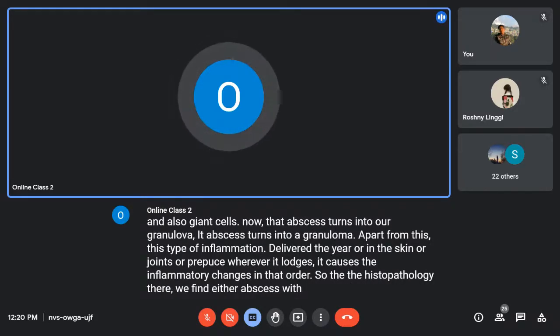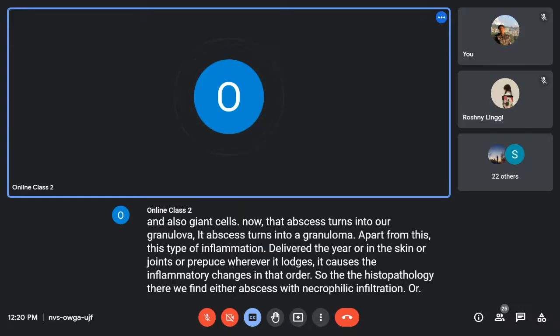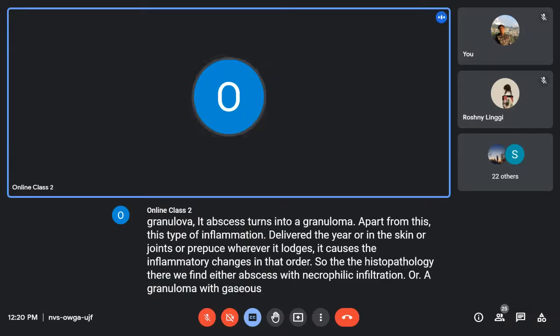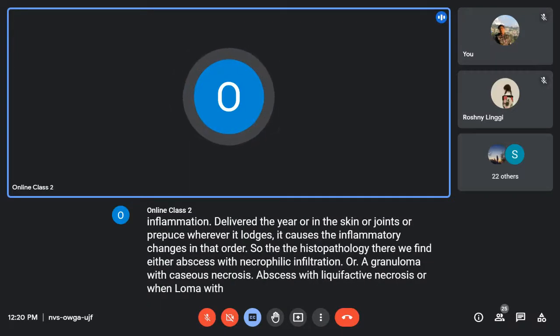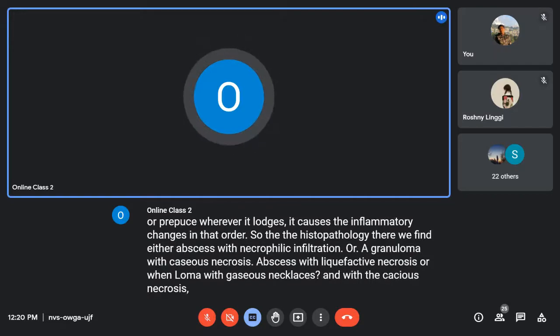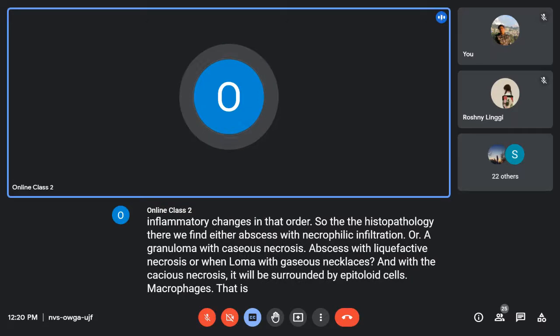We find either abscess with neutrophilic infiltration or granuloma with caseous necrosis. Abscess with liquefactive necrosis or granuloma with caseous necrosis. And the caseous necrosis will be surrounded by epithelioid cells, macrophages, that is definitely, and giant cells.